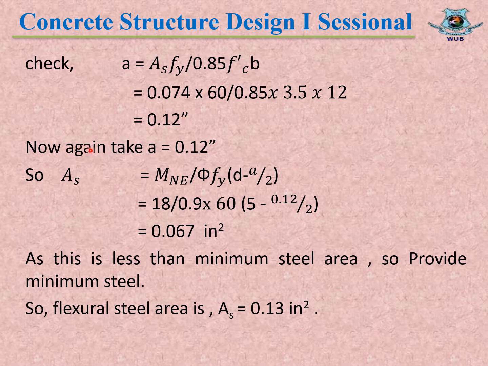Now again take a equal to 0.12 inch and calculate steel area. And finally As is equal to 0.067 inch square. As this is less than minimum steel area, so provide minimum steel. So flexural steel area A is equal to 0.13 inch square.